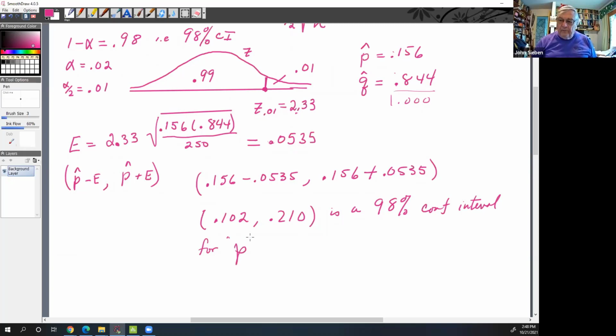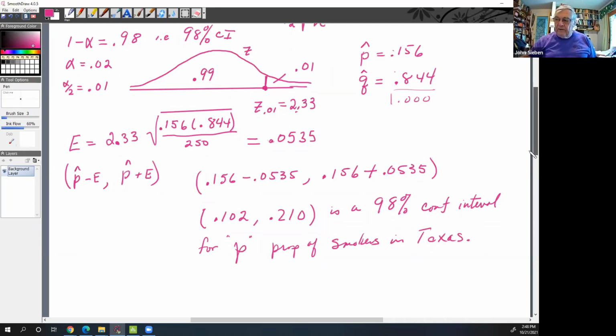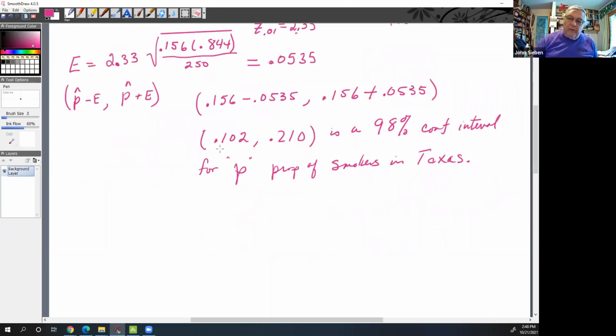For p, the proportion of smokers in Texas. Now, a statistician would probably report the confidence interval to you just like that.